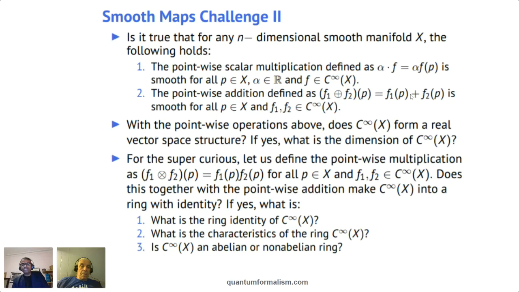This addition happens in R because these are real-valued functions, going from the manifold to R.